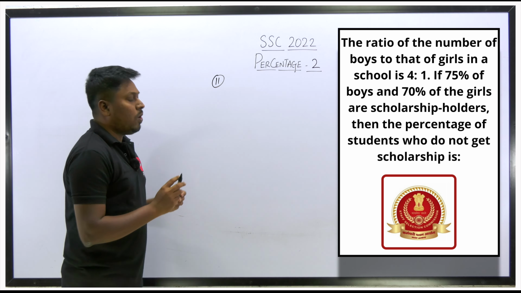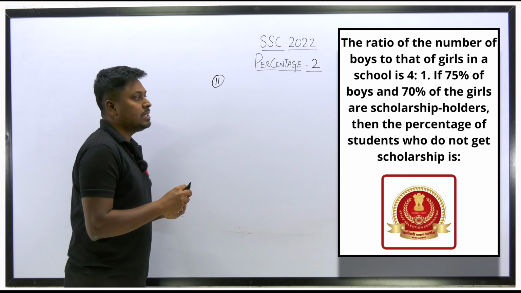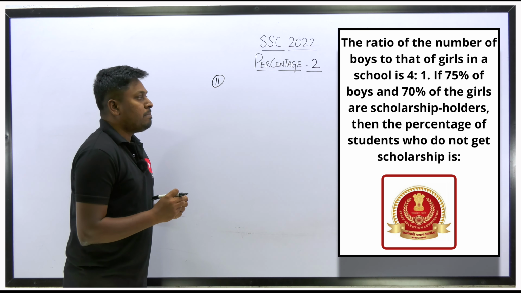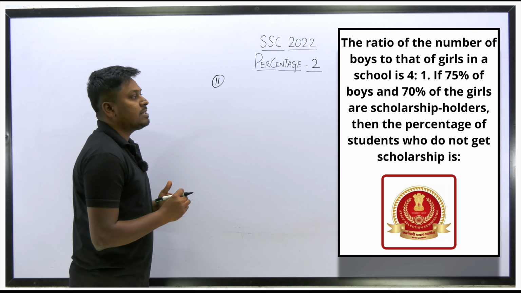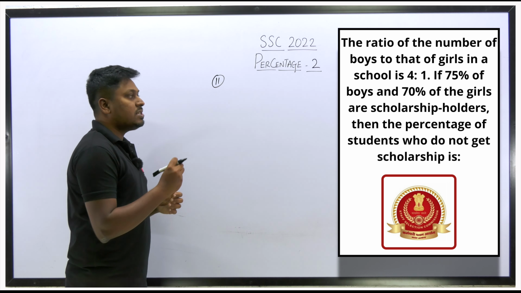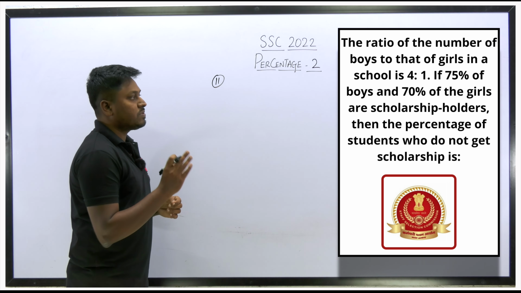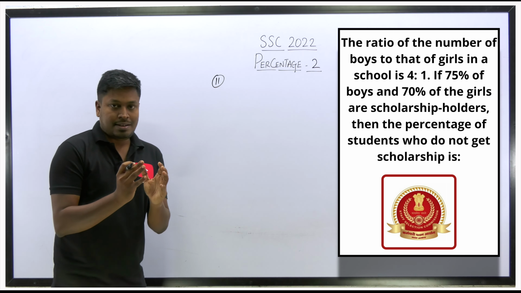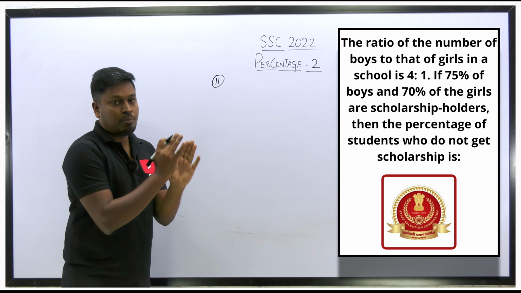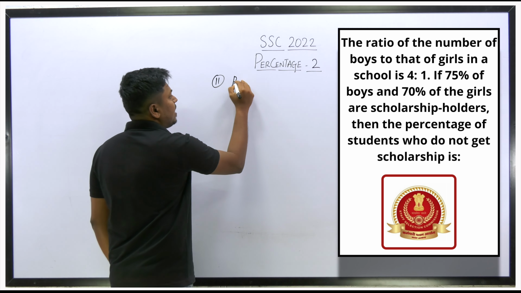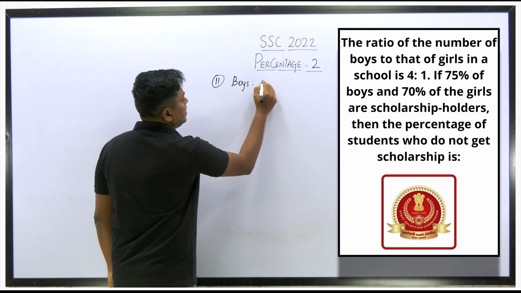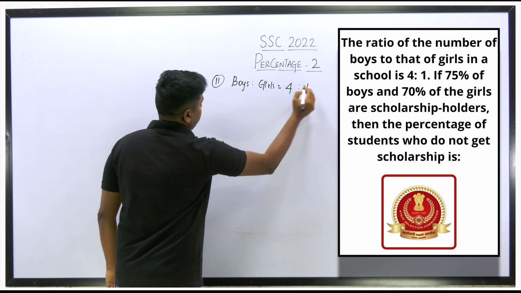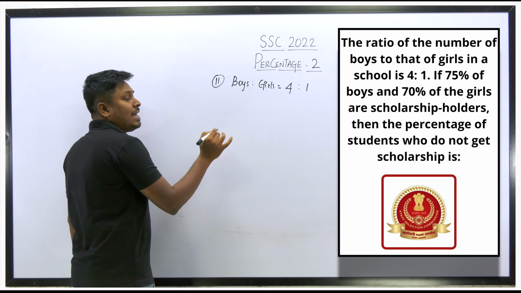The ratio of the number of boys to girls in a school is 4:1. If 75% of boys and 70% of the girls are scholarship holders, then find the percentage of students who do not get a scholarship. Just see here, they have given the boys to girls in terms of ratio, 4:1.